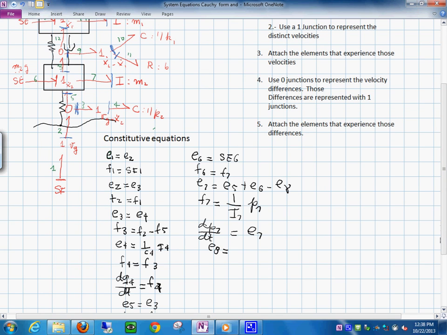And what is E11? Is equal to R11 times F11. E11, so that's this. So F11 is equal to what? To F9.